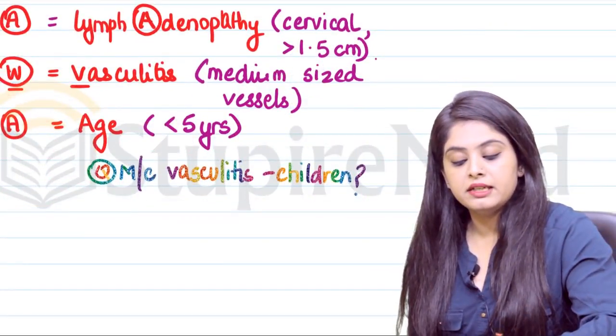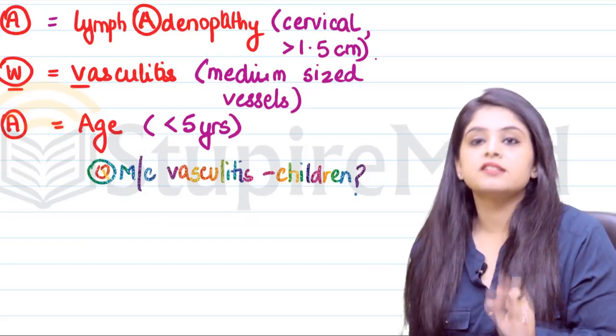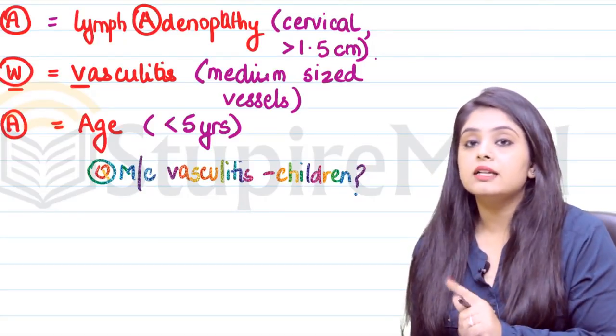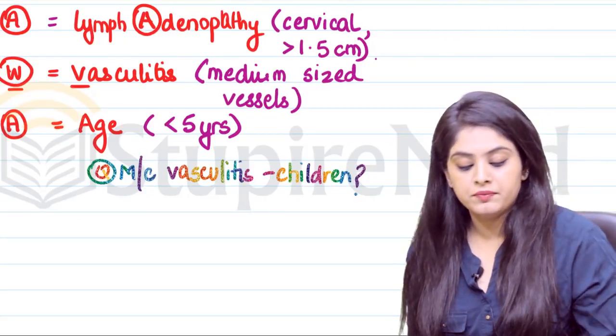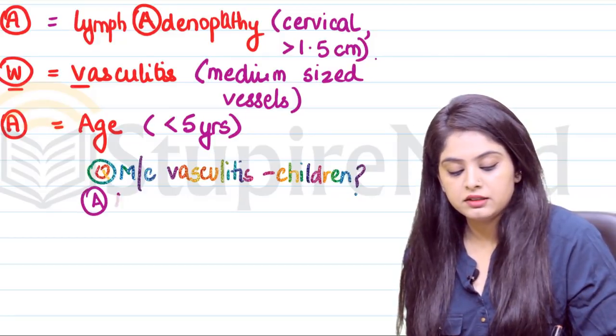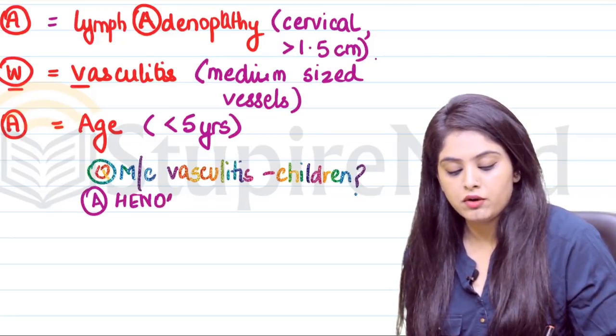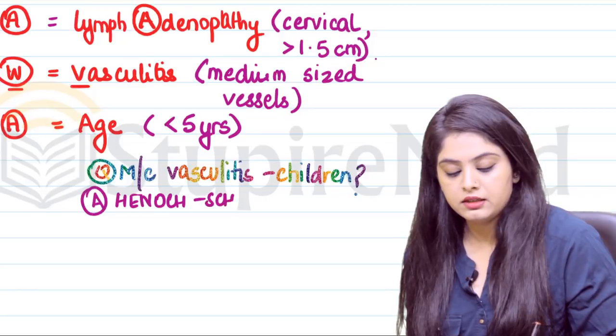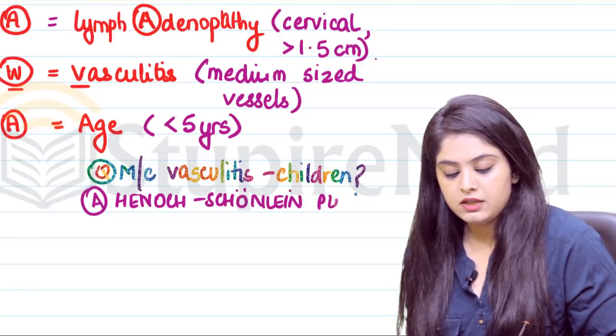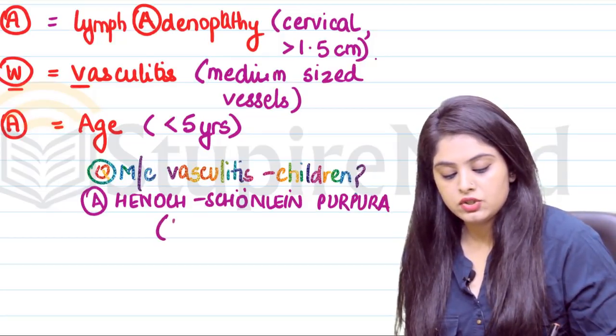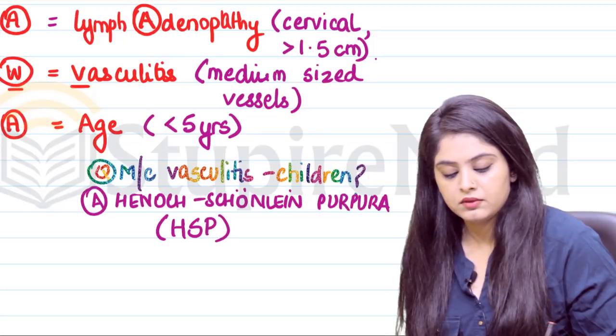So please remember that yes, Kawasaki disease is a vasculitis in the pediatric age group, but it is not the most common. In the most common answer, you will think of Henoch-Schönlein purpura, very commonly abbreviated as HSP.